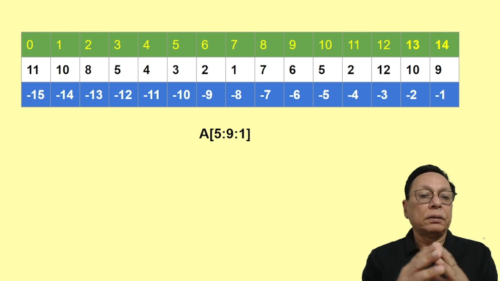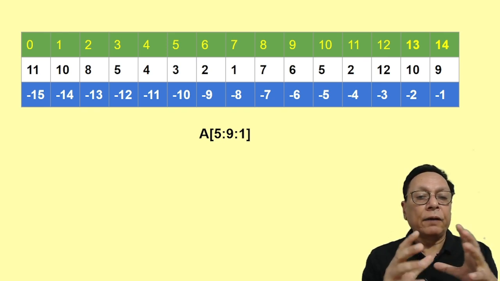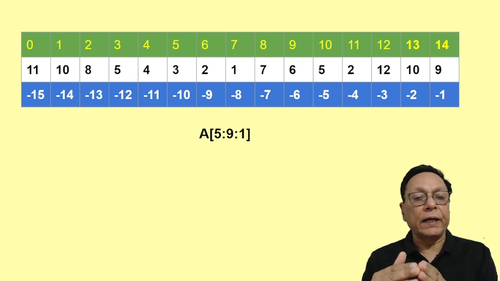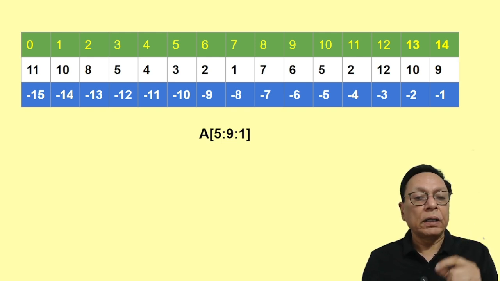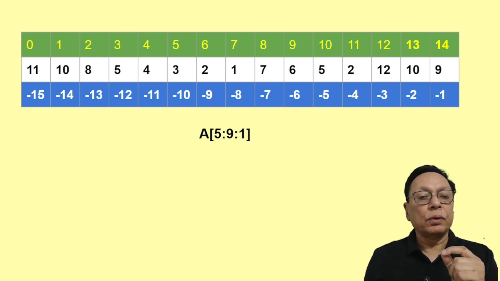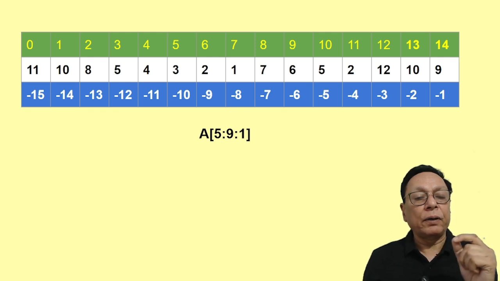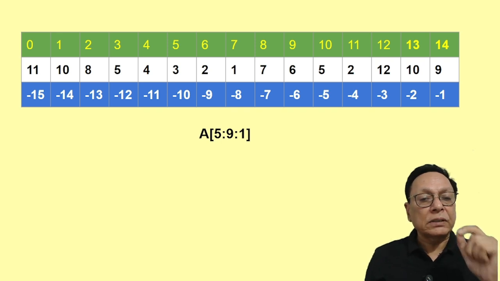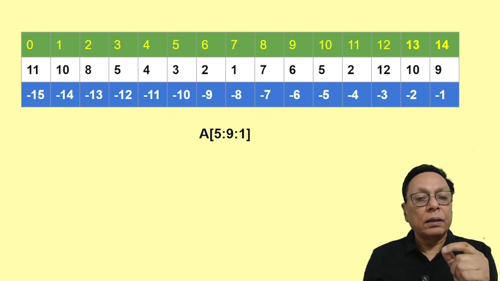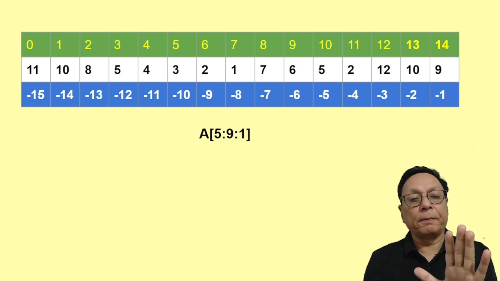Suppose this is a list and we are going to make a slice like A[5:9:1]. It means you start from index number 5 and move toward index number 9, but when you move from left to right, we move from the starting index till the ending index minus 1 by default.